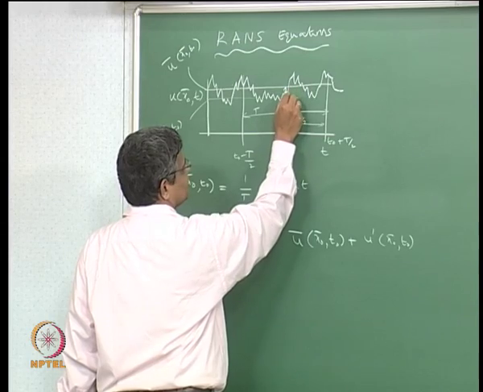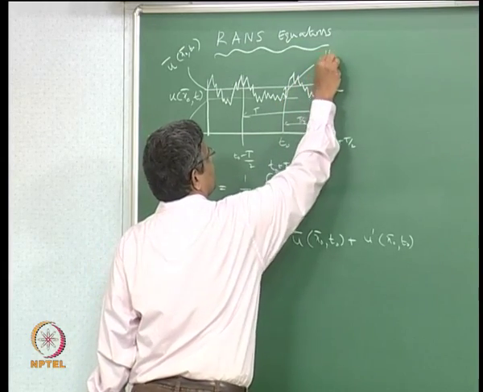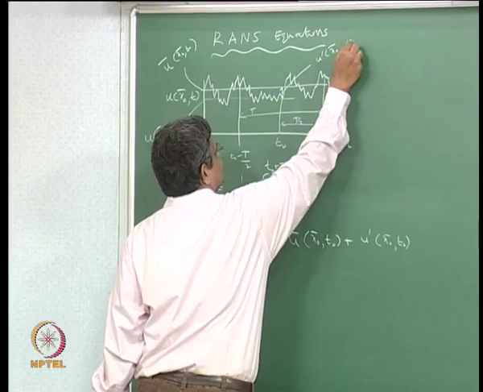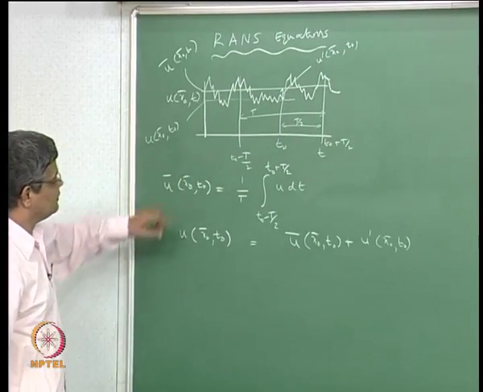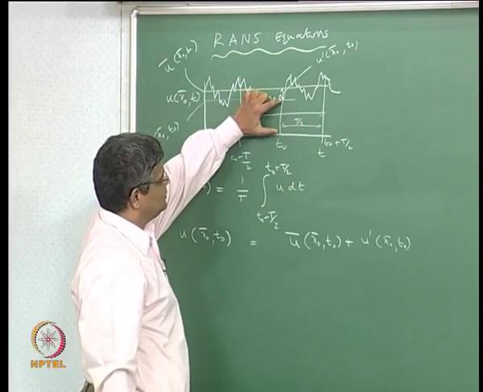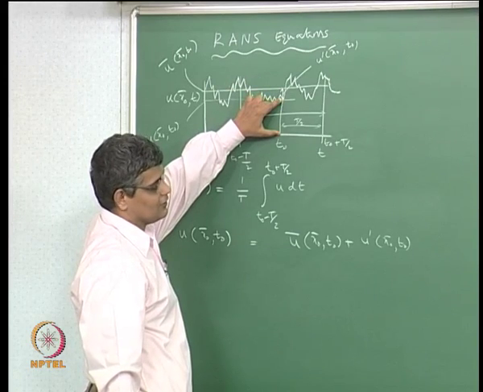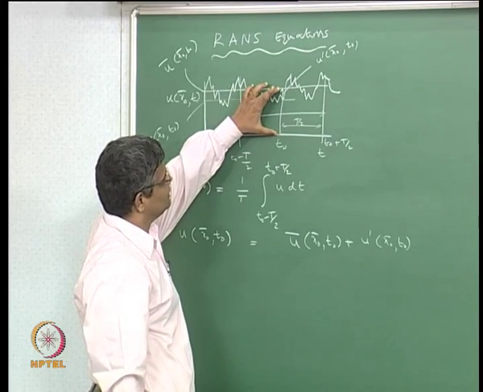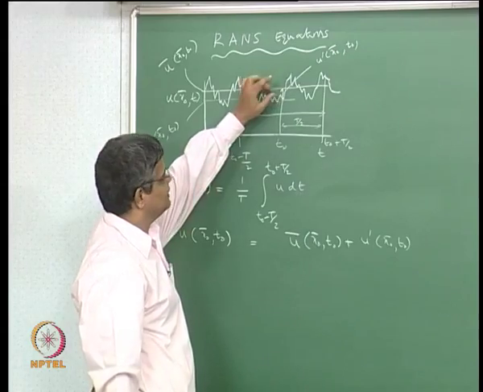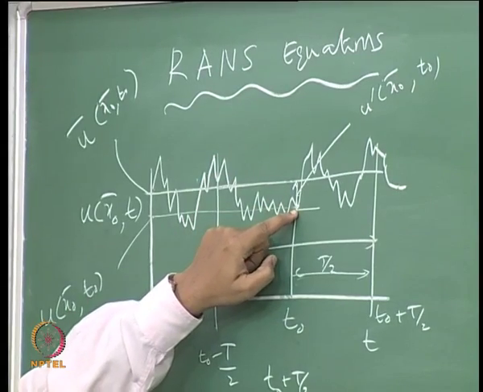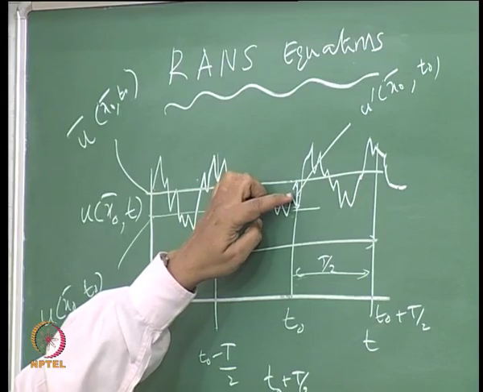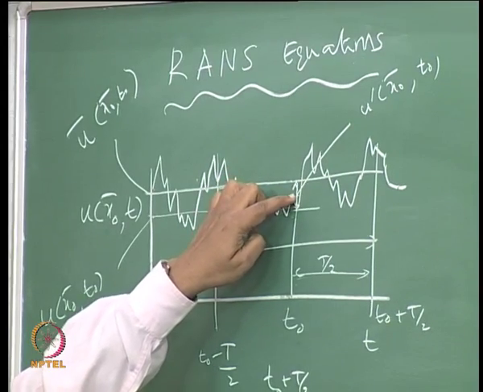So this interval is u prime of x naught t naught. So the total velocity u at x naught, the instantaneous velocity, is decomposed into the average velocity plus a fluctuating velocity, and in this particular case we can see that the fluctuating velocity component is negative, okay.